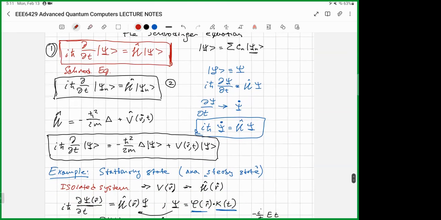So we see that the Hamiltonian operator, which is the energy operator, plays a vital role in this theory.